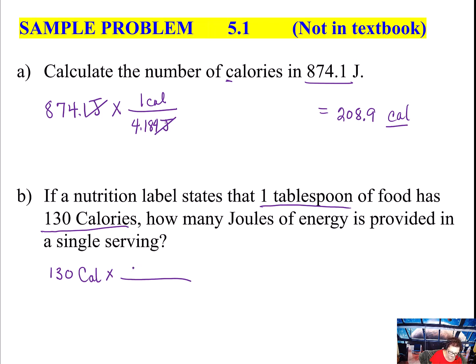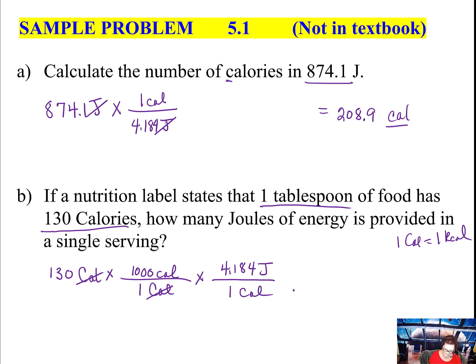So there are 1,000 little c calories in 1 big calorie, because 1 big calorie equals 1 kilocalorie. That gets rid of the big C calories, and I've got little c calories left. Then I can easily get from calories to joules, because I know that there are 4.184 joules in 1 calorie. And then I simply do the math.